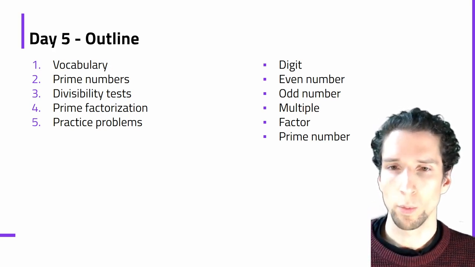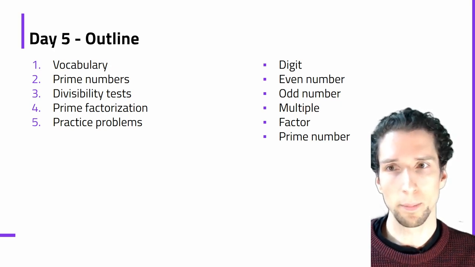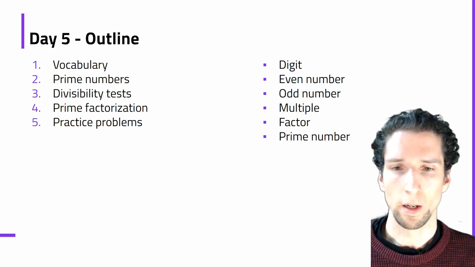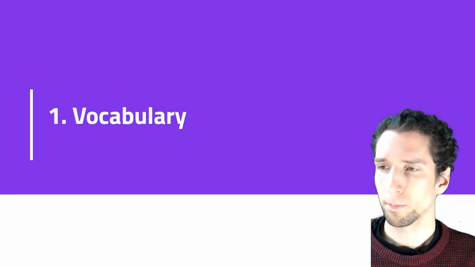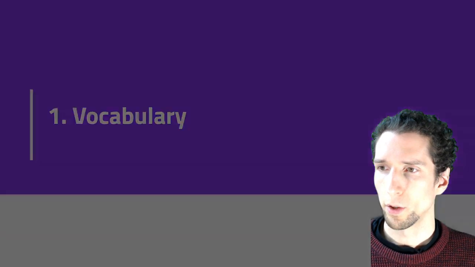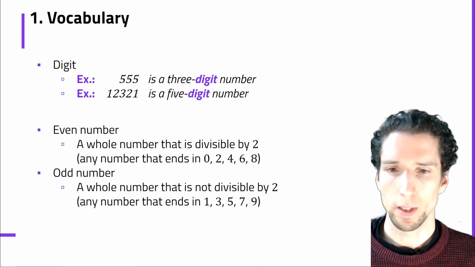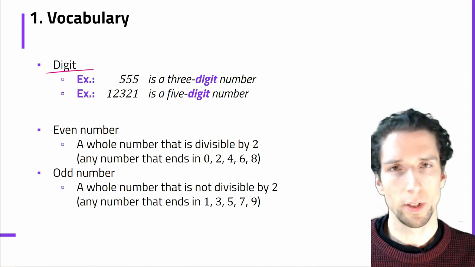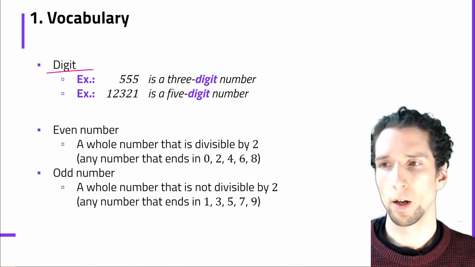The vocabulary we are going to need, you can see here on the right: digit, even number, odd number, multiple, factor, and prime number. All right, so vocabulary first. We can see here digits. A digit is just a single number in a larger number.